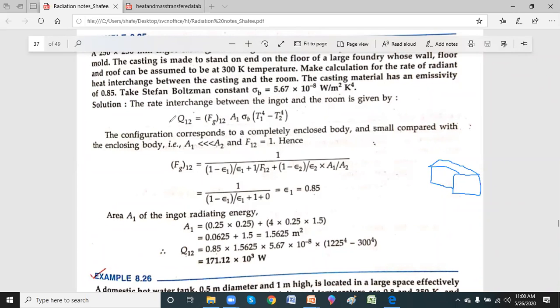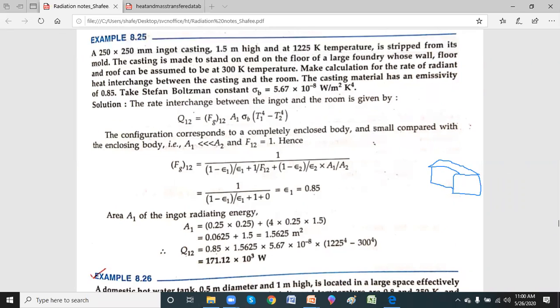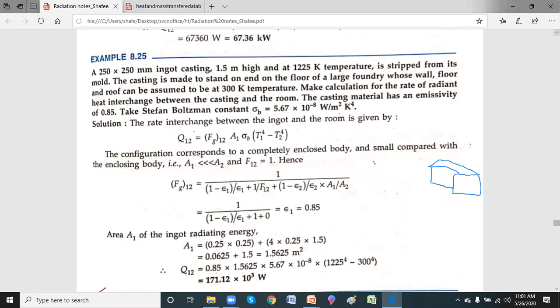Now see here, the problem will be like this. Now you can see how the problem goes. We had a 250 mm by 250 mm ingot casting. So this is 250 mm, this is 250 mm.